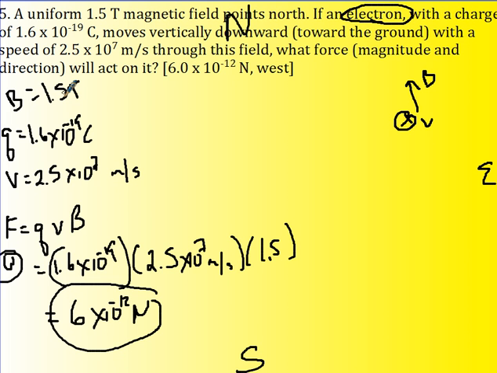Put your thumb down so it's pointing downward. So B is north to the top of the page. Your thumb is downward. You're going to see your palm faces east. That's the direction of the force. But because it's an electron, you flip it. So the force is pointing, of course, west. Now you know I'm going to give you an electron on the test. I'm just like that.